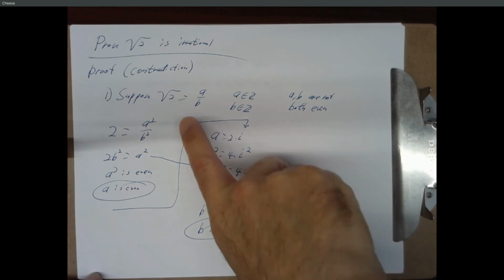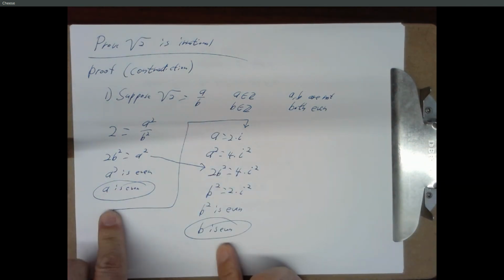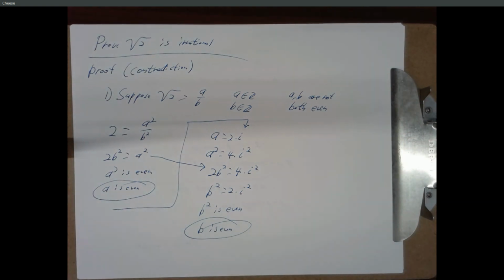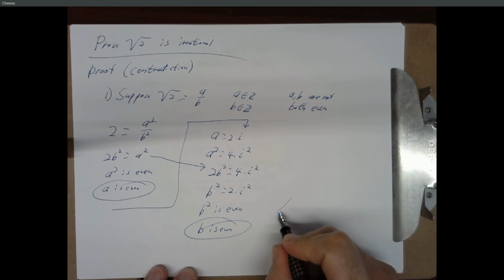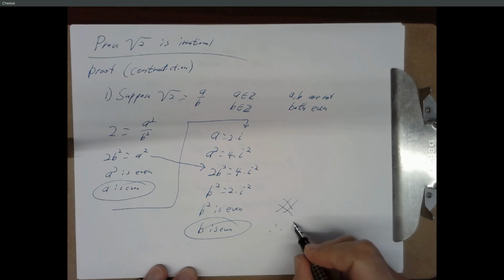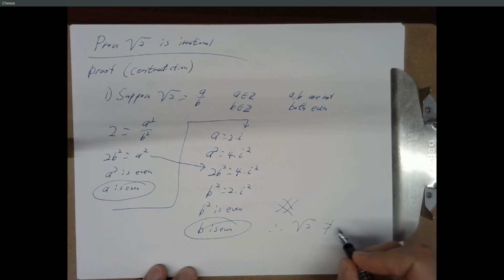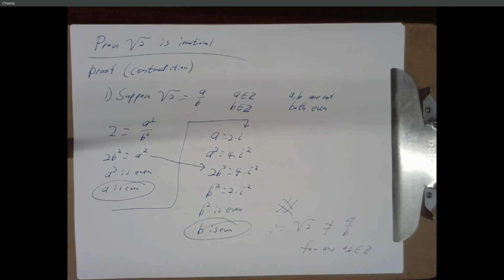And by starting with the square root of 2 as a over b, we showed that a and b are both even. It's a contradiction. And that's all we need to conclude. Square root of 2 is not equal to a over b for any a, b in the integers. And so the square root of 2 is irrational.